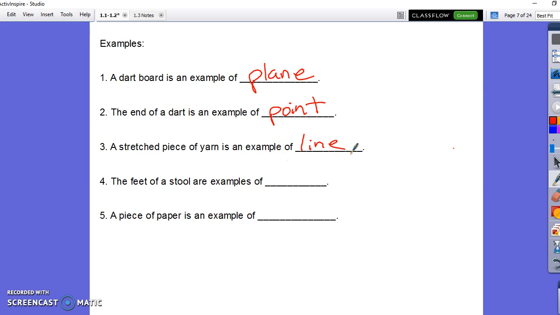All right. The feet of a stool are examples of what, Violet? Points. Very good. Earlier today, we had a little bit of confusion on that.